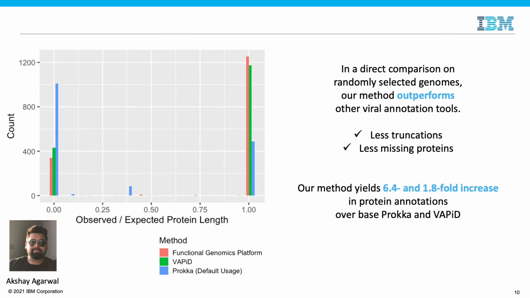If a protein is missing from any of these analytic tools, it's indicated as 0, and so you can see that the functional genomics platform has fewer truncations overall and fewer missing proteins. Between our method and the other two, we achieve a 6.4 and a 1.8 fold increase in protein annotations over base PROCA and VAPID.